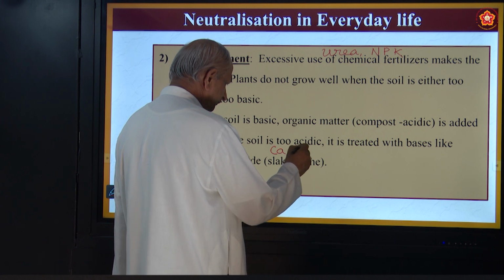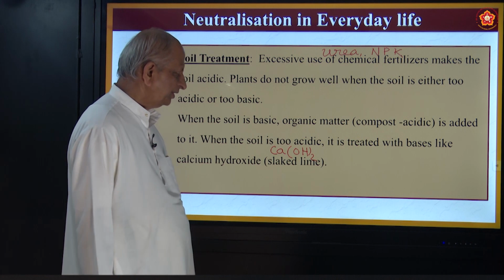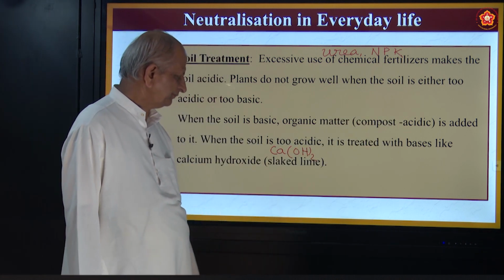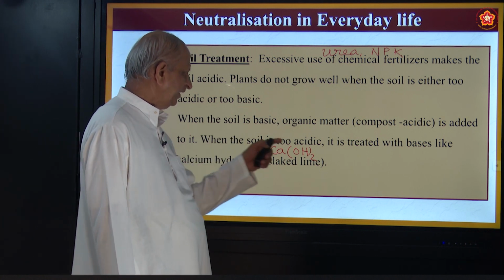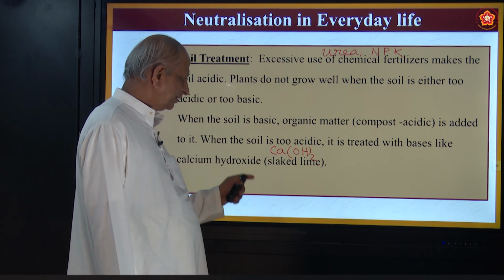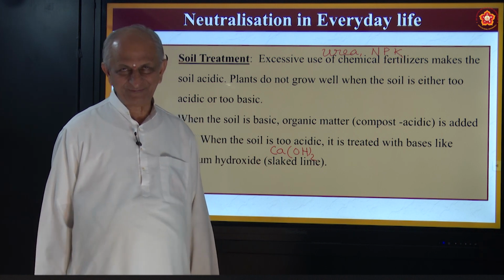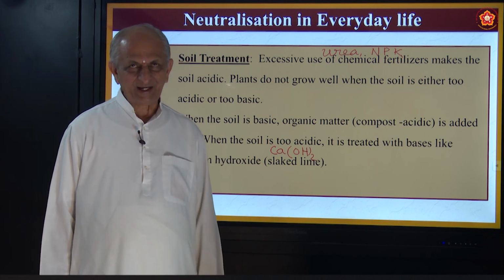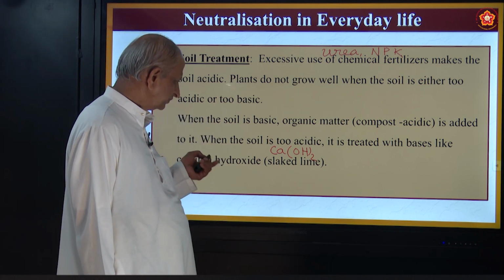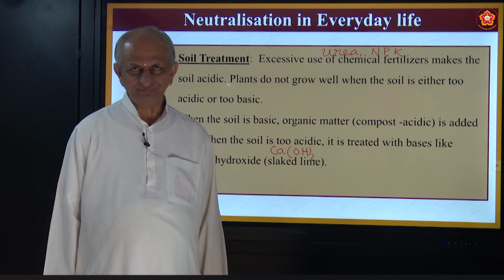So when the soil is basic, you have to add compost containing acidic matter, and when the soil is acidic, you have to add bases like calcium hydroxide. Especially for grapes, you might have seen, they add a mixture called Bordeaux mixture, a mixture of calcium hydroxide and also copper sulphate, etc.